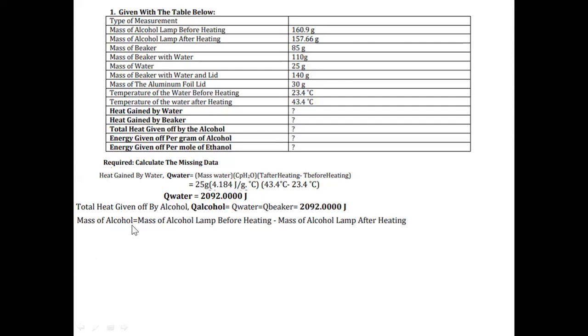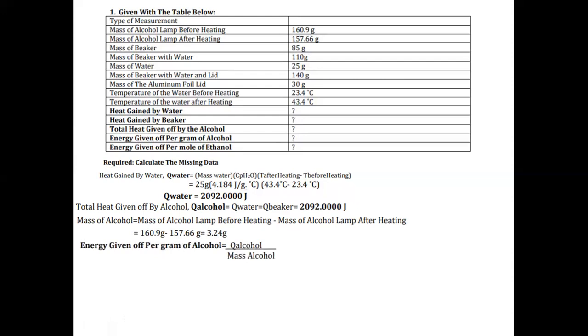To determine it, we subtract the mass of the alcohol lamp after heating from the mass before heating. So this is 160.9 minus 157.66 grams, which gives us the mass of alcohol used to heat the water at 3.24 grams.